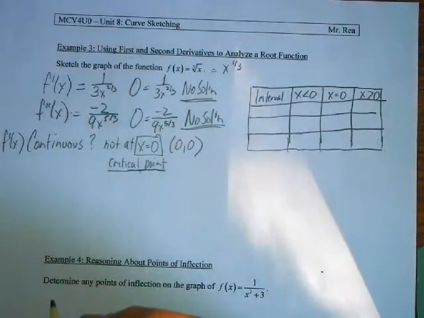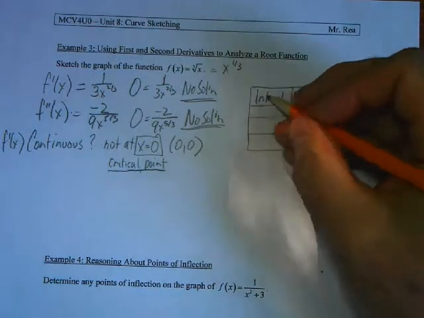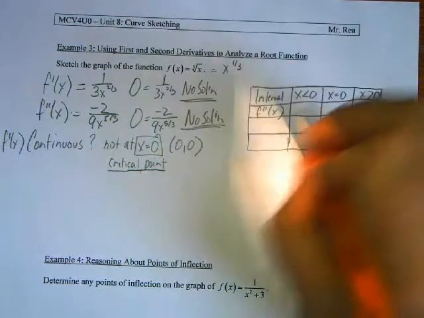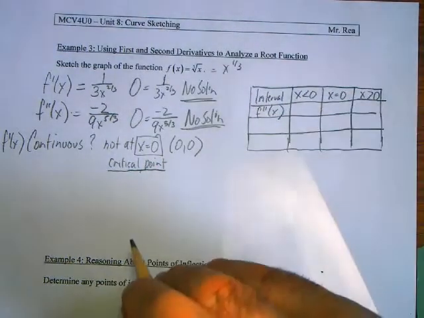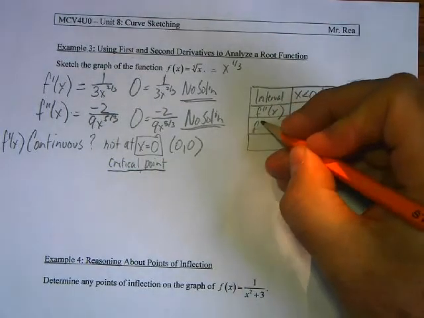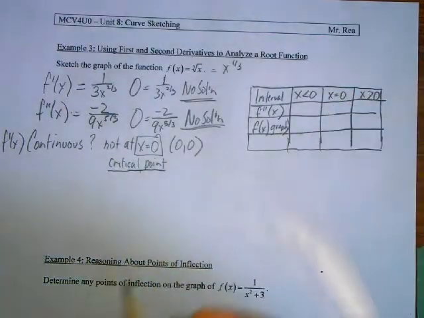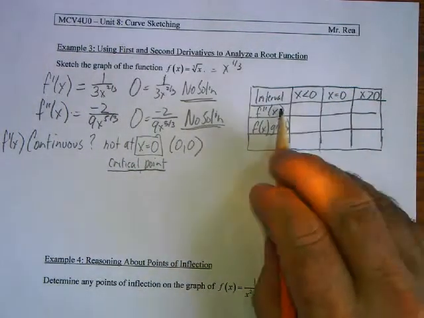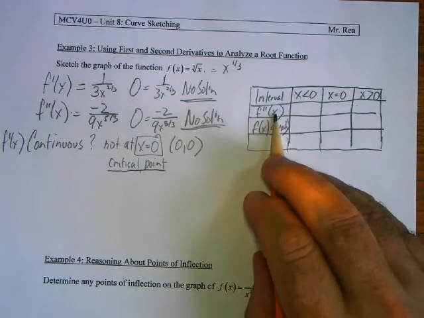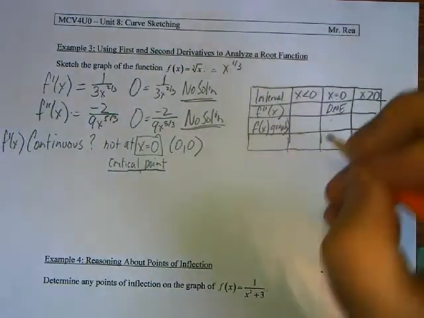Actually, I'm only going to have 2 here, so we'll just skip that one. So I'm looking at the second derivative, and here I'll just look at the graph. So here we're looking for the sign of the second derivative. Now we already know if we plug in 0 into the second derivative, it's undefined, so it does not exist at that point.